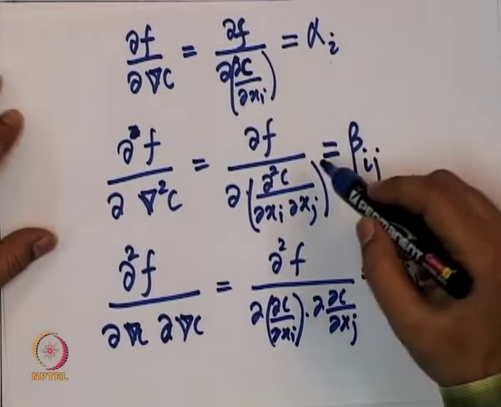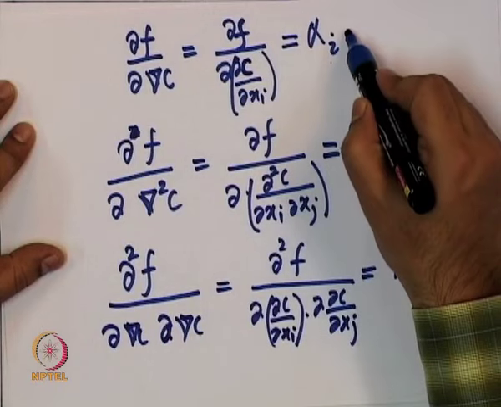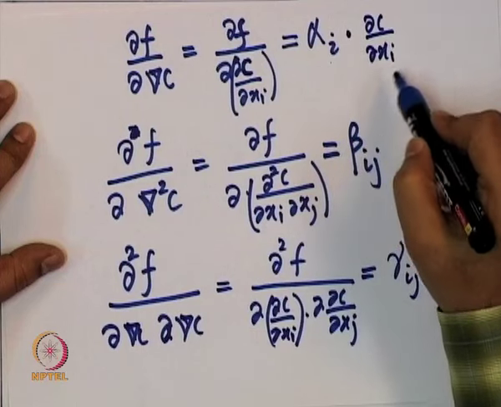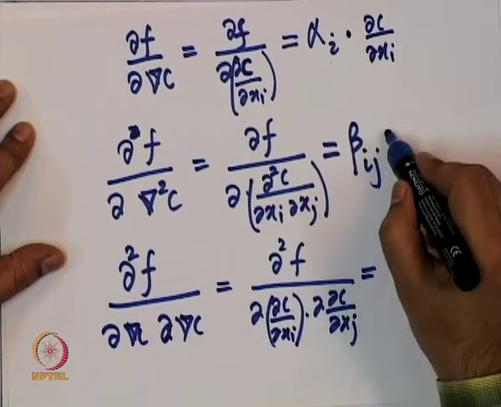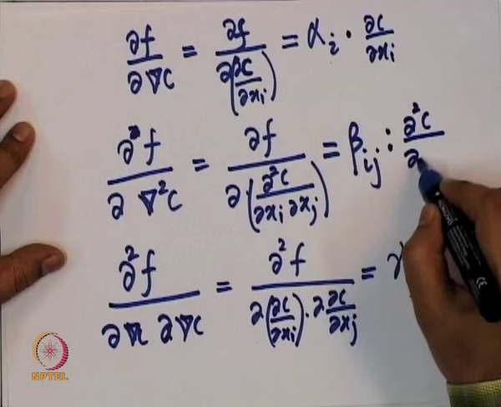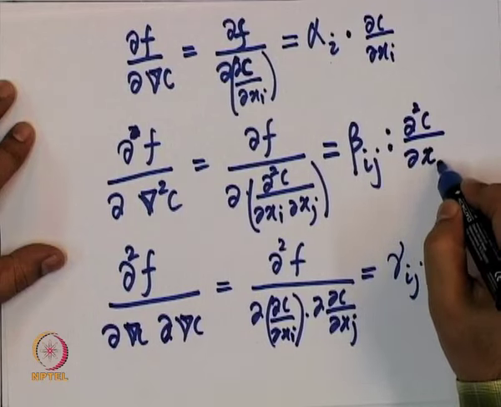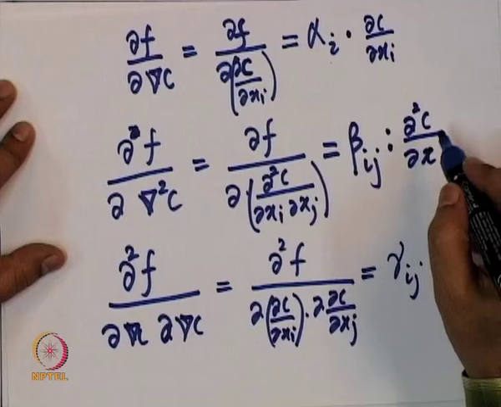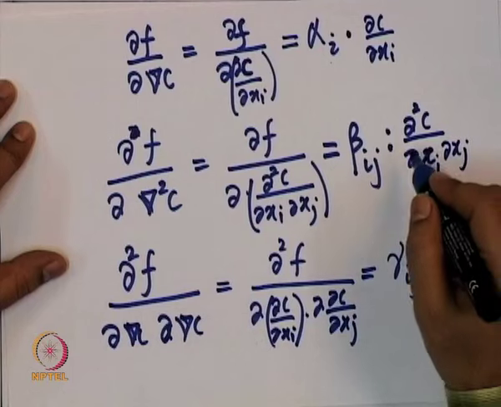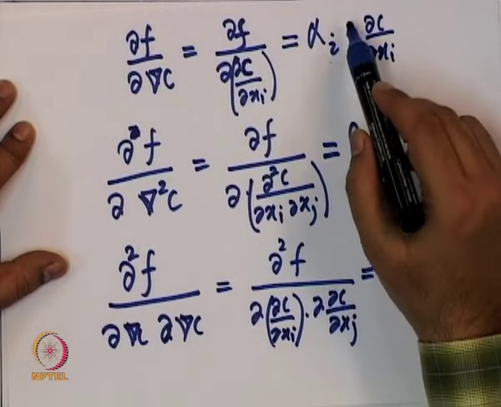So, these quantities, when this alpha i is dotted with dou C by dou x i, that will give me a constant, and when this is dotted with del squared C by del x i del x j, that will give me a constant.